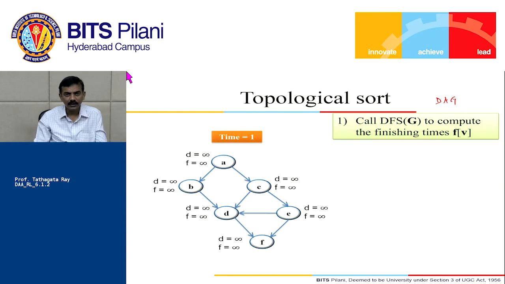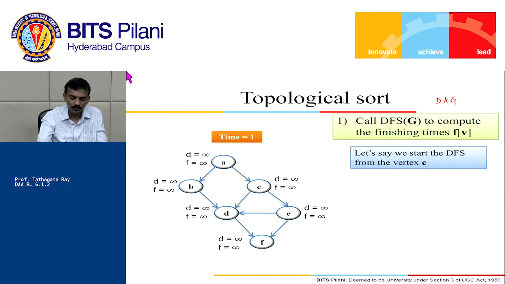In the very beginning in our depth first search, all the nodes are white. Their discovery and finish times are set to infinity, and we just start with time 1. So in the first instance, we will call depth first search on this graph to compute the finish times f[v].